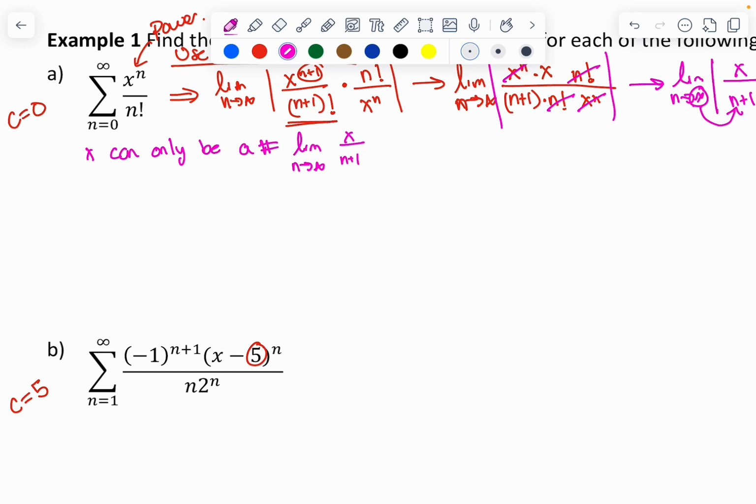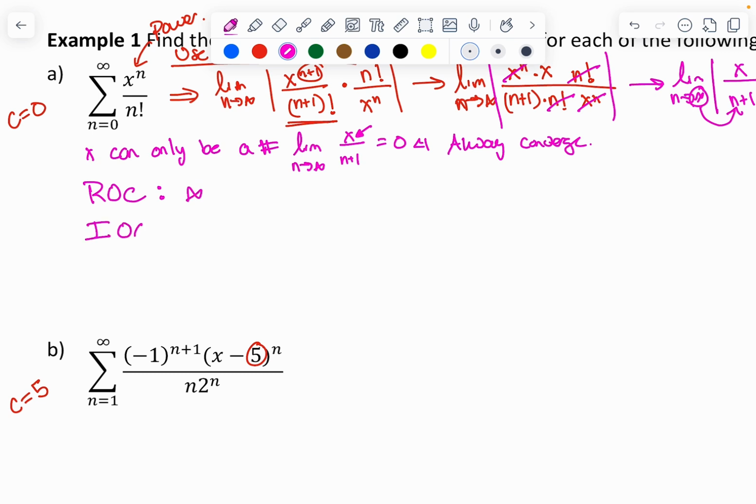It doesn't matter what that number is, whether it's negative or positive. Anytime you plug in a number here, you're going to end up with 0. And 0 will always be less than 1. Therefore, it will always converge. So this is an example where the radius of convergence, or the ROC, is going to be infinity.